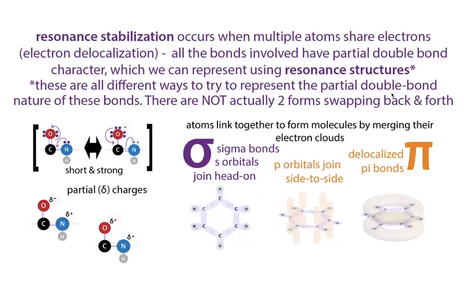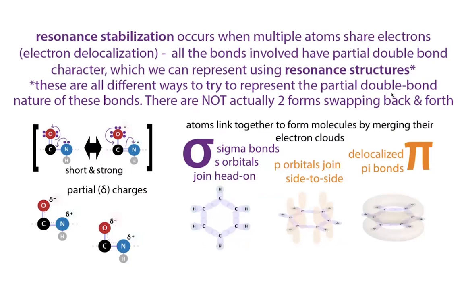Remember that resonance is where you have electron delocalization in a pi system. And if you remember back to your chemistry classes when you were drawing all those orbitals, pi bonds involve those p orbitals, the ones that look kind of like hourglasses, and they stick up above and below the plane where you have those single bonds.